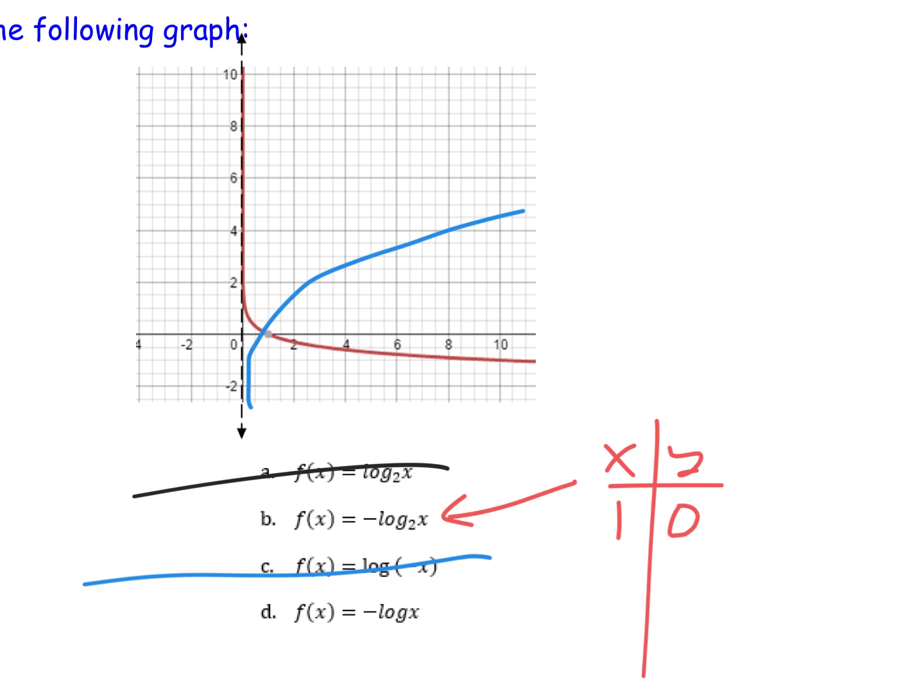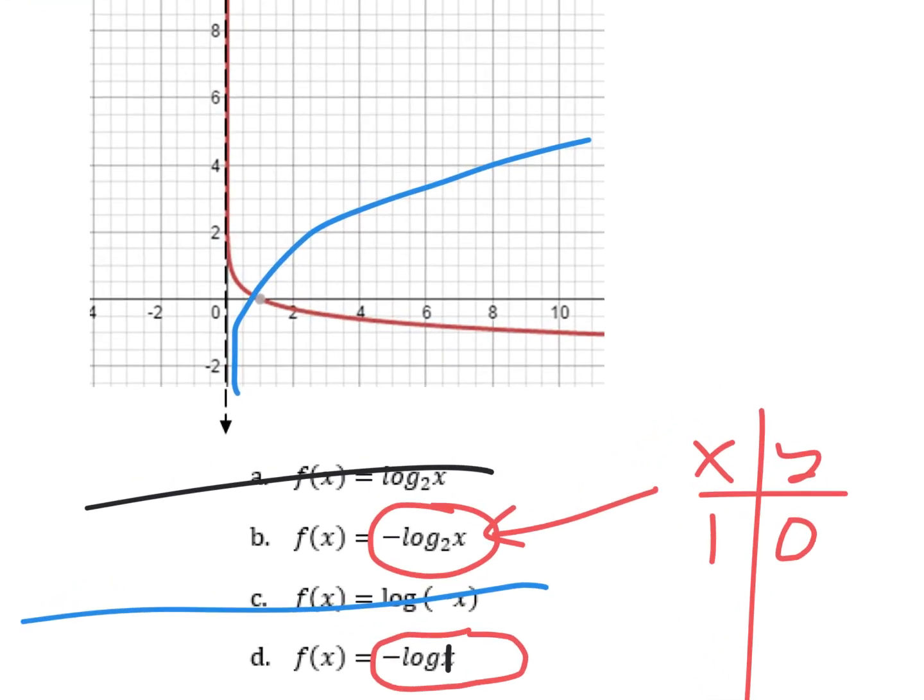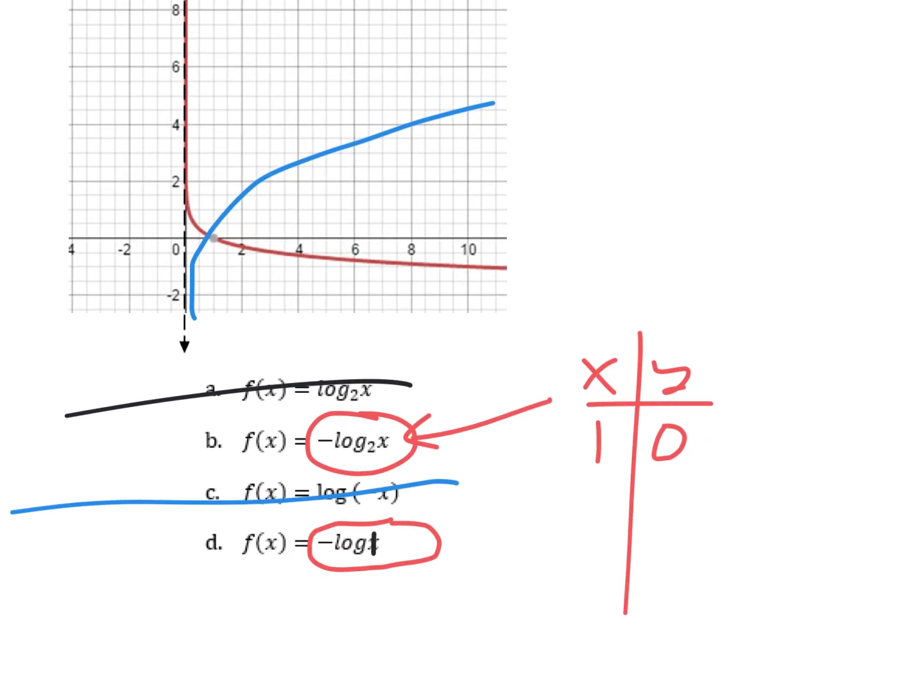No, not both. Does this one go through 1, 0? Yep. Does this one, if I stick in a 1 right here, does it also go through 1, 0? It does.